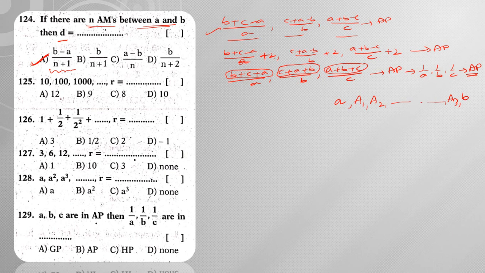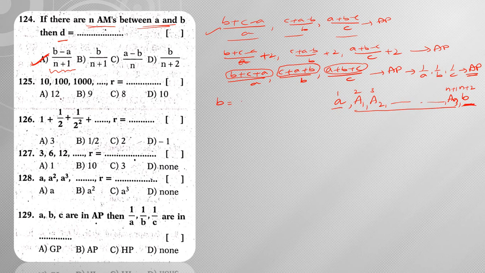If we count the number of terms, from a1 to an there are n terms, and with a and b added there will be n + 2 terms. So b is the (n + 2)th term.